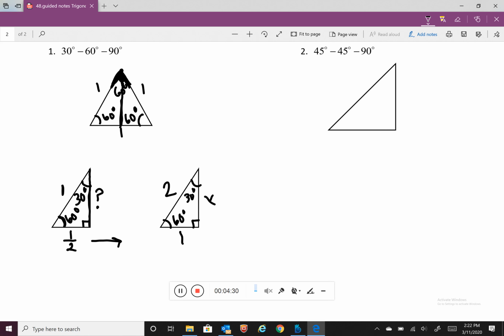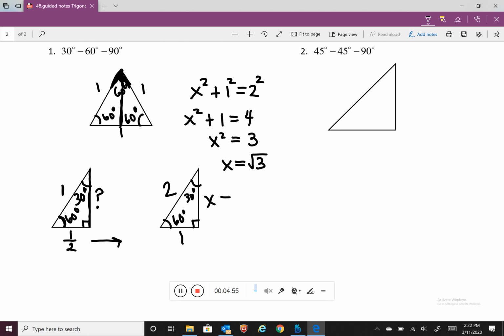So now we're going to solve for this height. So x squared, a leg squared, plus the other leg squared is going to equal the hypotenuse squared. So x squared plus 1 equals 4. And then solving for x squared, we have x squared equals 3. Therefore, x is equal to the square root of 3.